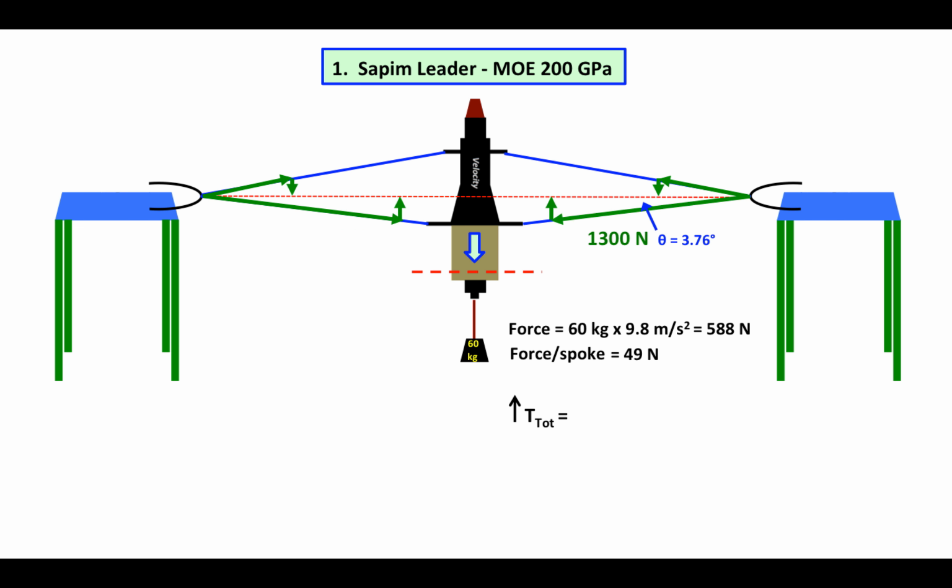So the additional tension on the drive side vector, the increase in the total tension, is going to be equal to 49 newtons, which is the vertical component, divided by the sine of 3.76 degrees. And that's 49 newtons divided by 0.0656. And if I did this right, that should be equal to 747 newtons.